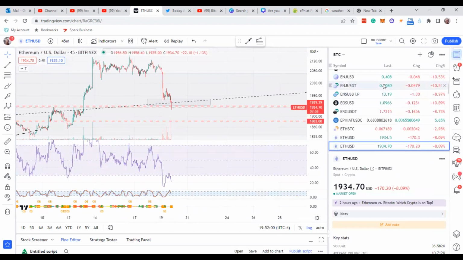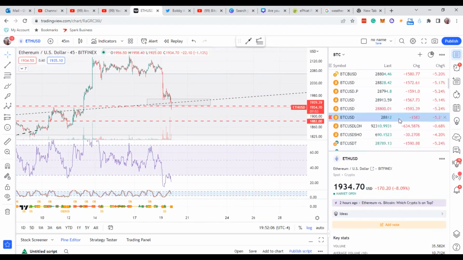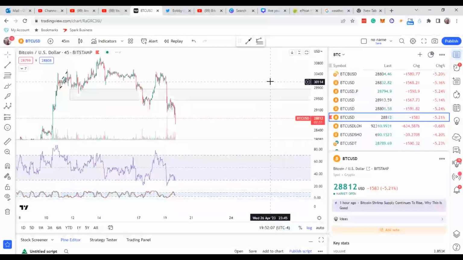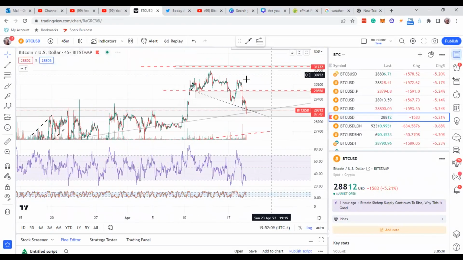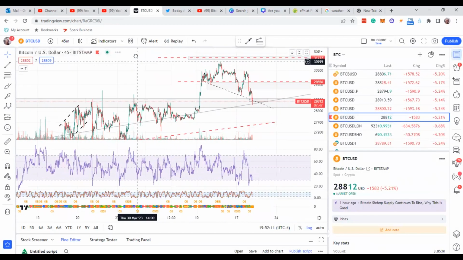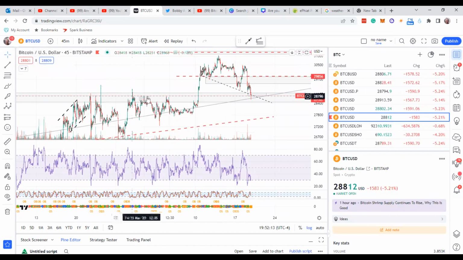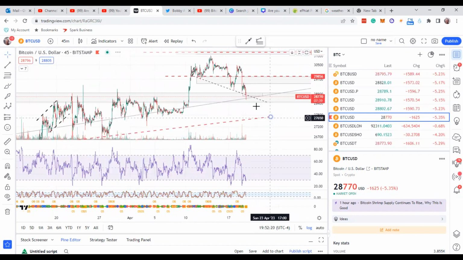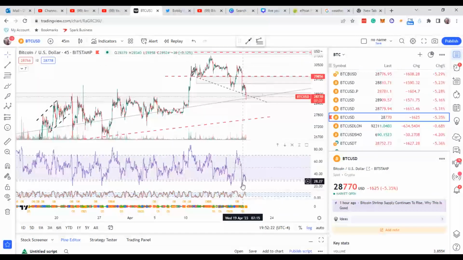So onto Bitcoin at 28.12, 28.6. Take a look at Bitcoin, guys. This whole area right here, it's going to have all that for support. So 28.6, you can see with Bitcoin, here's this wave. It's coming down.